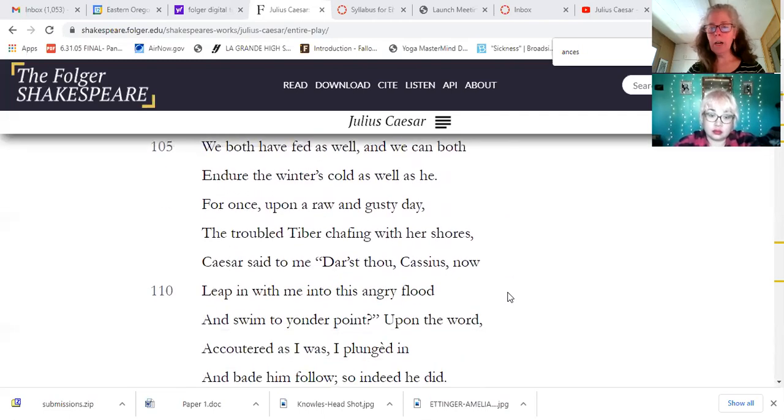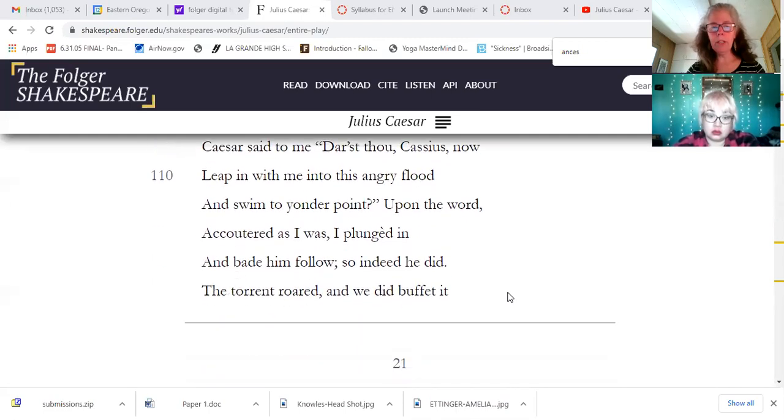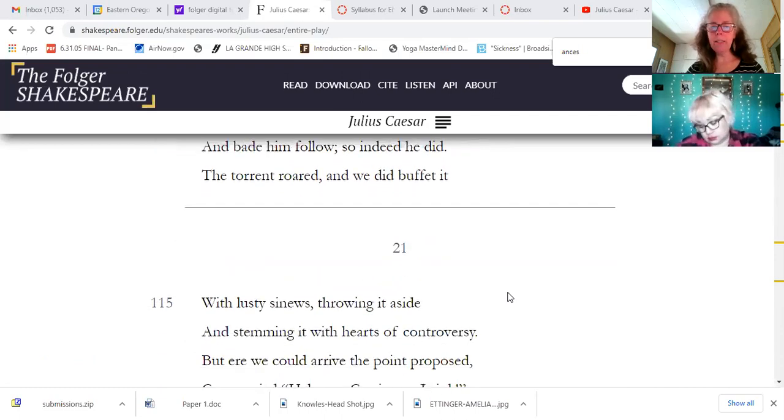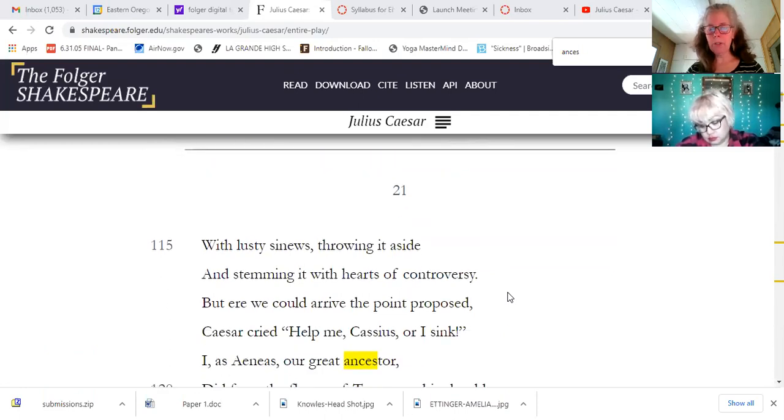For once upon a raw and gusty day, the troubled Tiber chafing with her shores, Caesar said to me, darest thou, Cassius, now leap in with me into this angry flood and swim to yonder point? Upon the word, accoutred as I was, I plunged in and bade him follow. So indeed he did. The torrent roared, and we did buffet it with lusty sinews, throwing it aside, and stemming it with hearts of controversy.